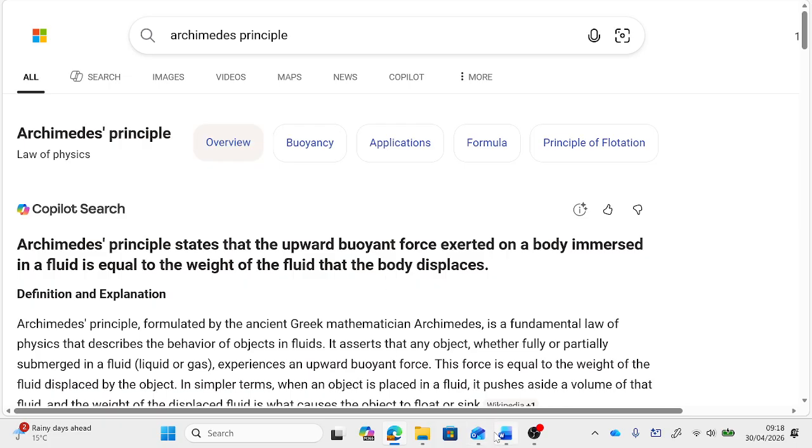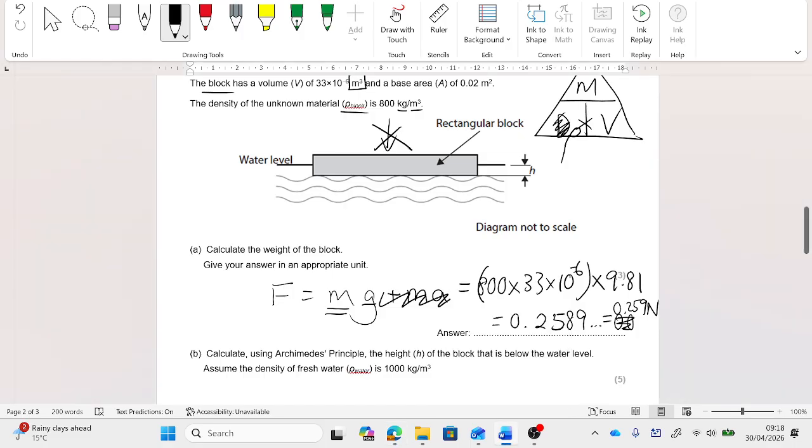In other words, if you have a beaker of fluid, when you submerge an item, let's say a block, into the fluid, that fluid is going to be displaced by a certain amount, which is the h.